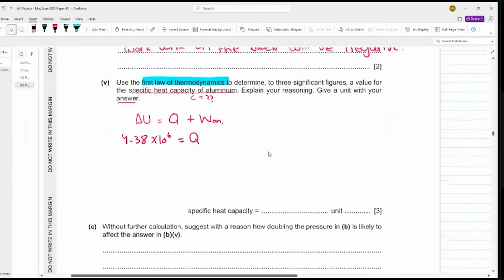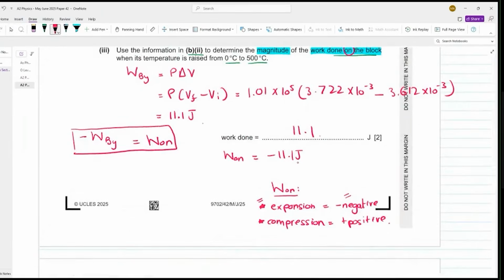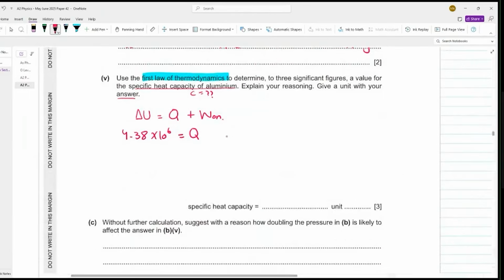What is work done on the gas? We just calculated it: negative 11.1. Take this to the left side. 4.38 × 10^6 plus 11.1 is equal to your Q.